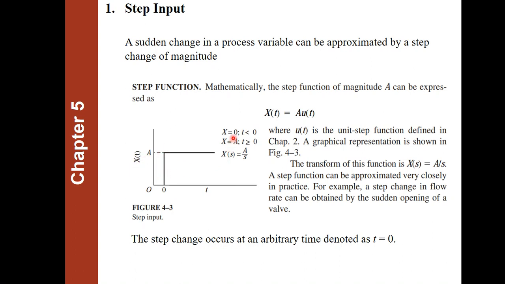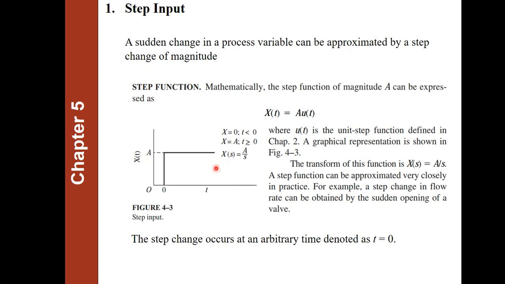So you get to see that x is equal to 0 for t less than 0, that is, for negative time, and the value of x will be A, this is the magnitude, for t equal to or greater than 0. For all our disturbances here in process control, we always start counting at time equal to 0, or we start measuring its effect at time equal to 0, the time when such a disturbance happened.